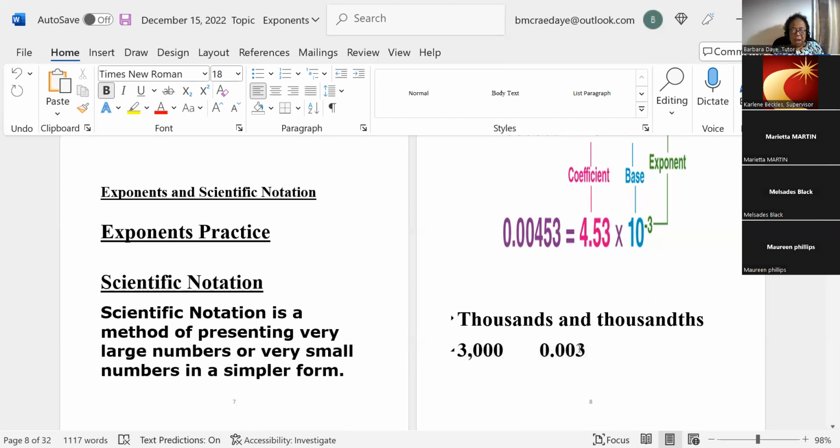And how would you say this one in words? 3 thousandths. When you're dealing with decimals, you have the TH: tenths, hundredths, thousandths, ten-thousandths.